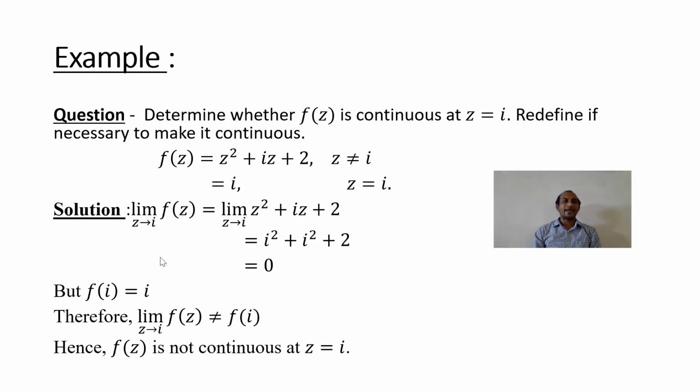But f of i is already given as i, so the limit and the function value are both different. Therefore the given f of z is not continuous. If it is not continuous, then the question says to redefine it. So if we take 0 here, that is, the function at z equal to i is 0, then our function is continuous.